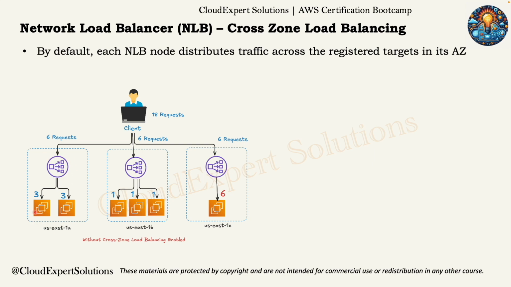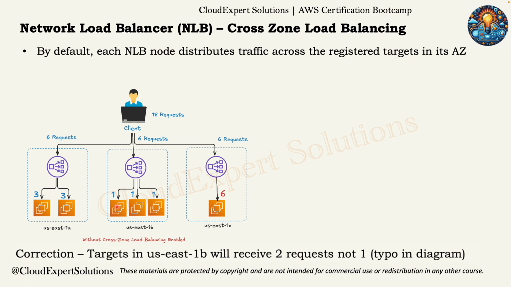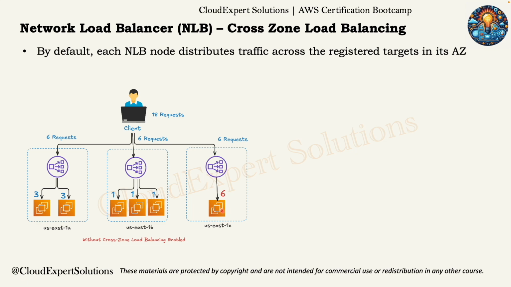As a result, every EC2 target in us-east-1a will receive 3 requests. Targets in us-east-1b will receive 2 requests each, whereas the target in us-east-1c will receive 6 requests. From this example, you can understand that a target in us-east-1c is processing more requests per second than targets in us-east-1b.